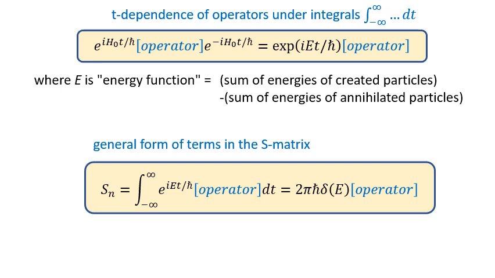Then the T integral in each term of Dyson's formula can be easily evaluated. Each S matrix term becomes a product of the operator part and energy delta function, which expresses the requirement of energy conservation in the scattering process.